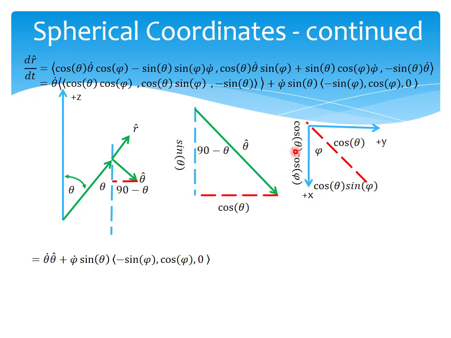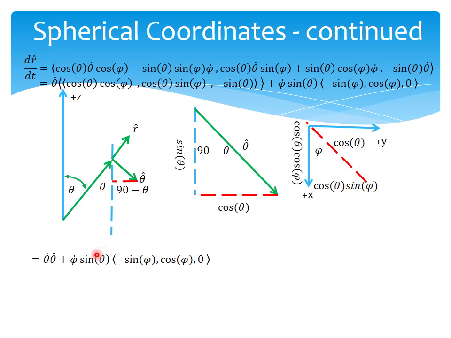That's exactly what I have here for my x coordinate. My y coordinate is cosine theta sine phi, and that's what I have right here for my y projection. And my z coordinate is minus sine theta. Well, here's my z projection. It's sine theta, but the minus is because this component points down here, in the minus direction.